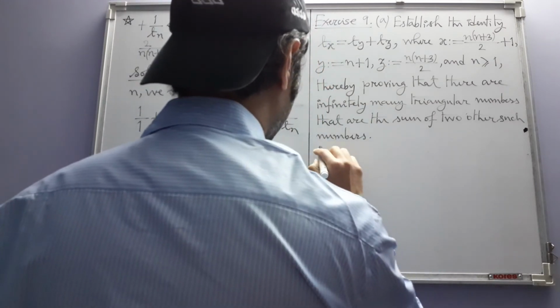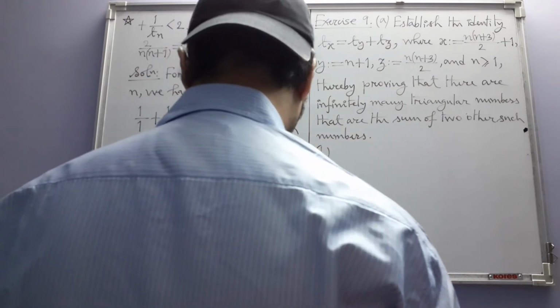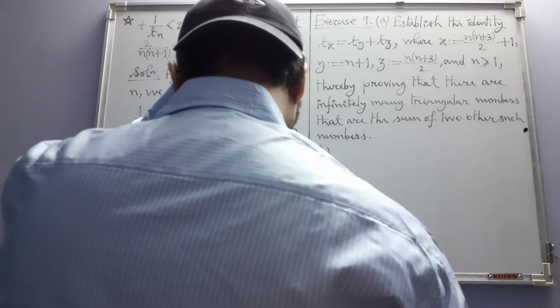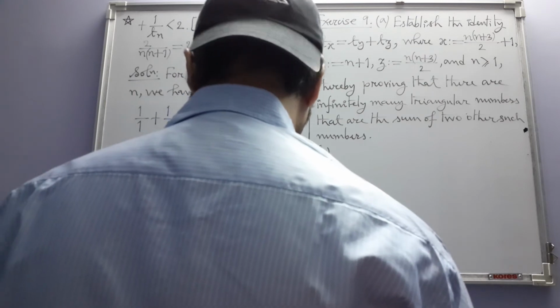And there is a part B also. Find 3 examples of triangular numbers that are sums of 2 other numbers.